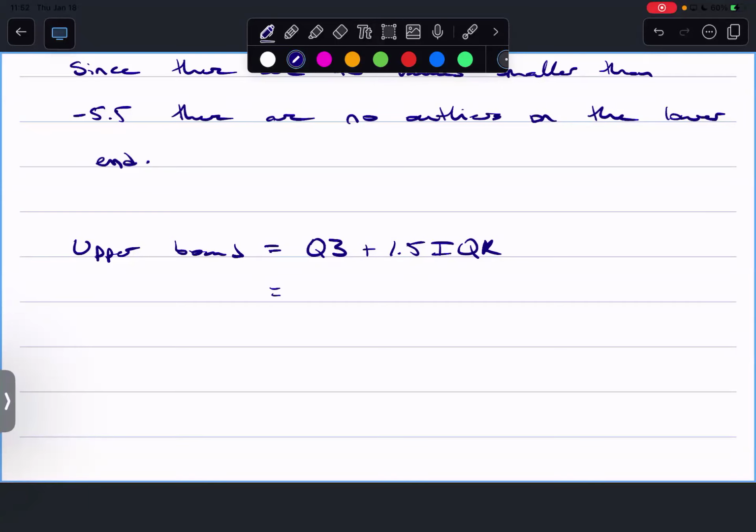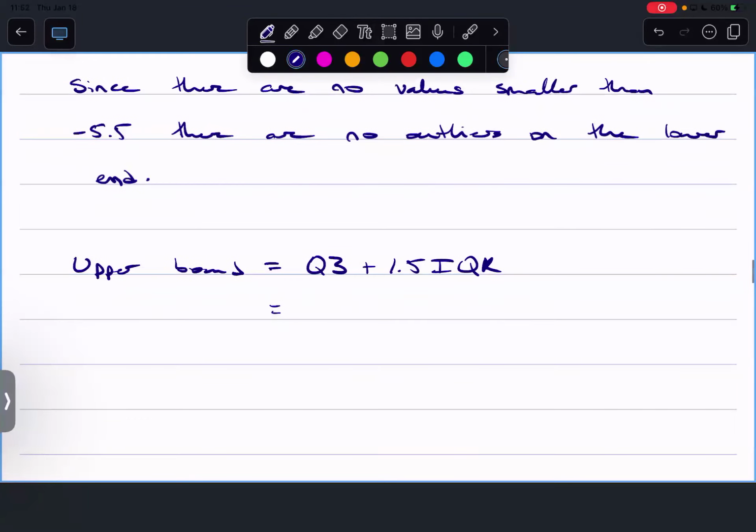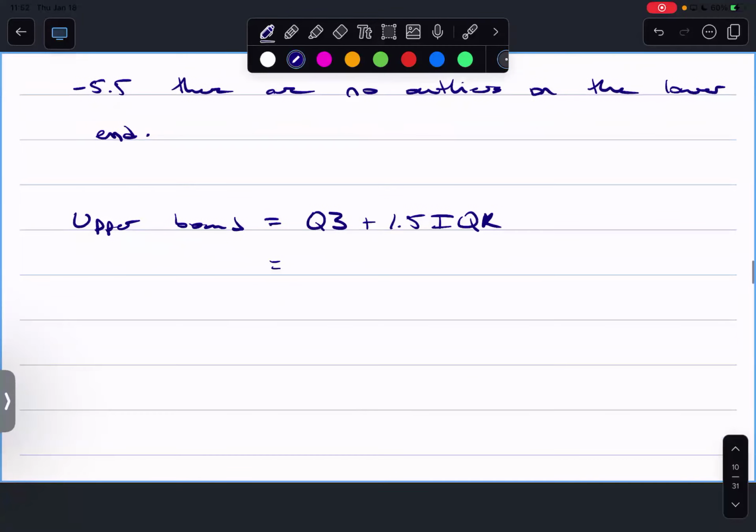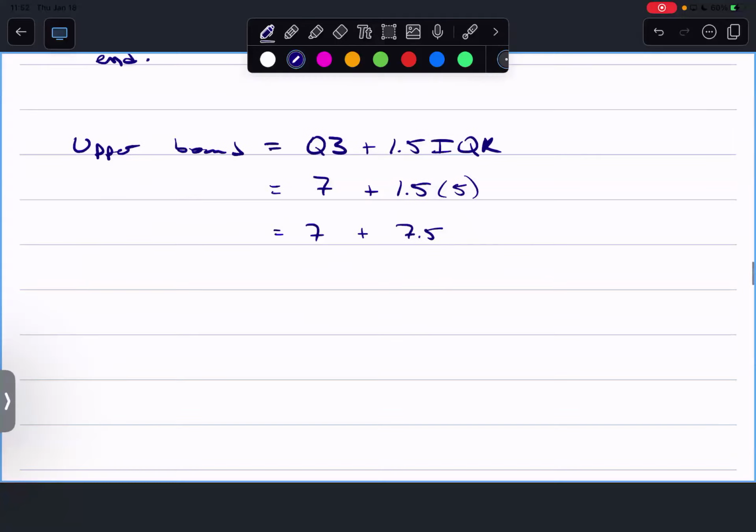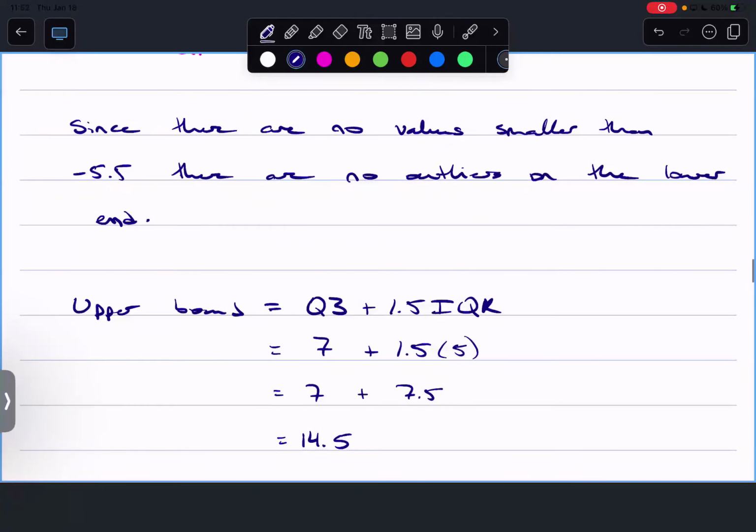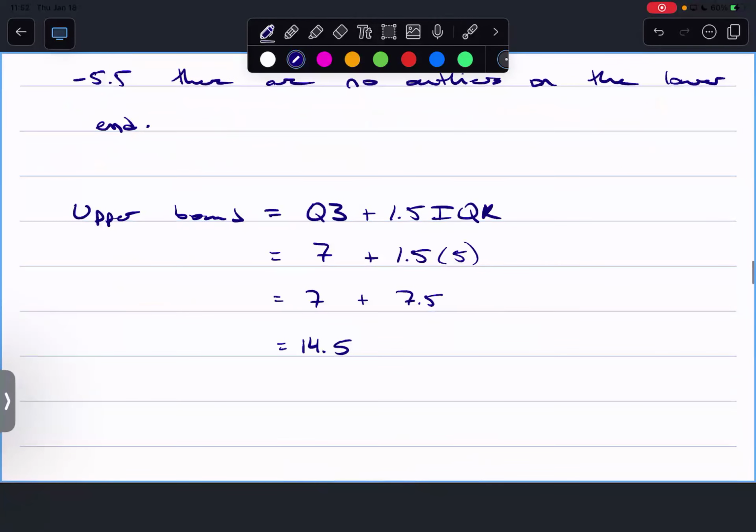I'm going to show the work just so that you have something to refer to. Q3 is 7 plus 1.5 times 5. So 7 plus 7.5 is 14.5.